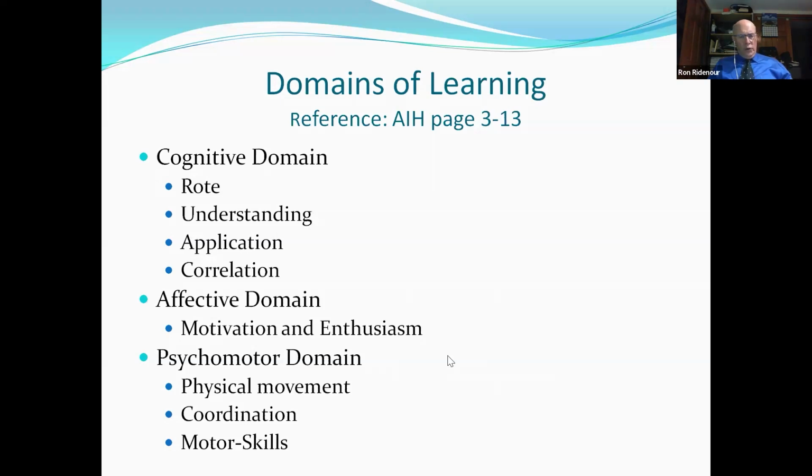And then the psychomotor domain, which is just the physical motor skills, coordination, the physical movements, the muscle memory that we talked about. That's a domain in and of itself. Bob used the example earlier today about batting practice.